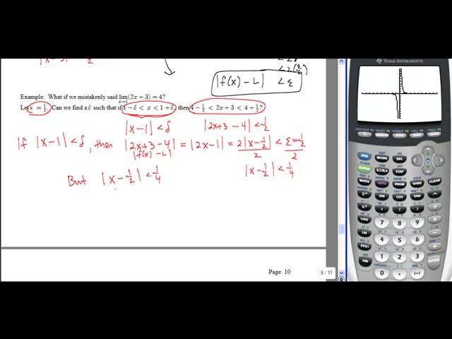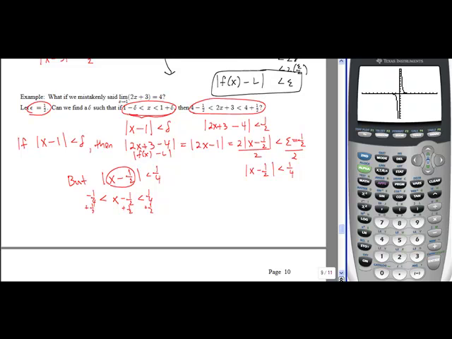The way we do that is we take whatever we see right here, x minus a half, and we have to squeeze it in between 1/4 and its opposite. So that's what this statement really means. Absolute value of x minus a half less than 1/4 means that x minus a half must be between negative 1/4 and positive 1/4. Now let's solve this for x.